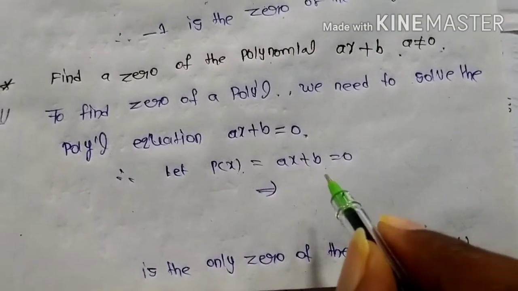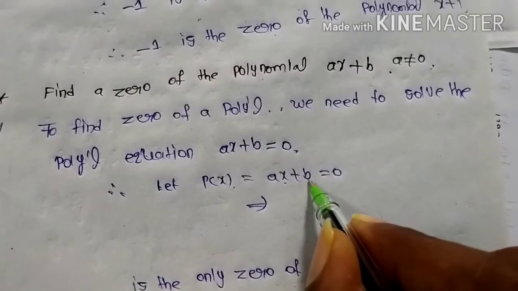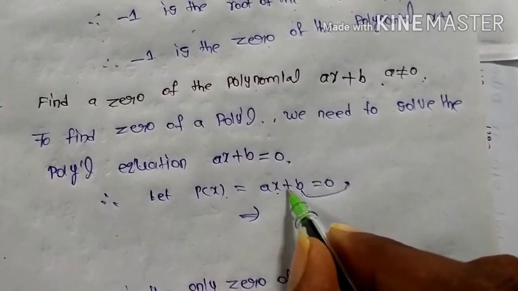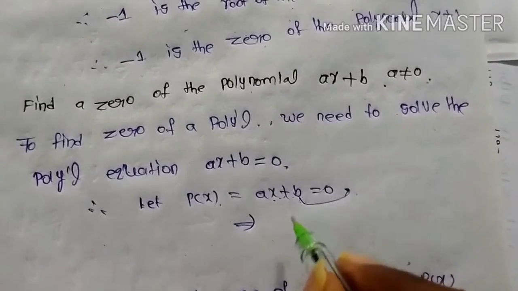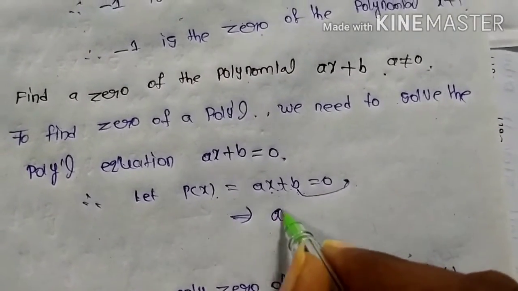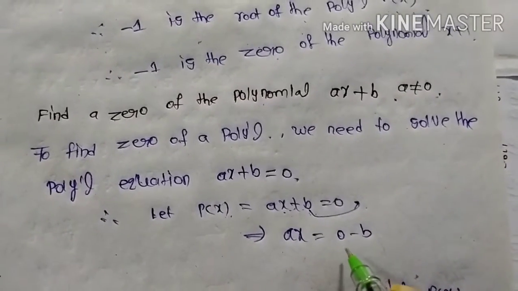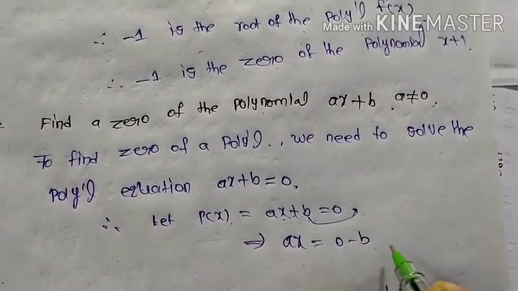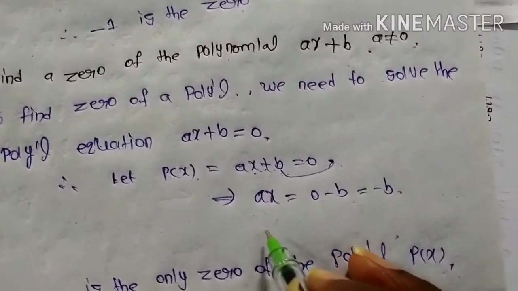Here we need to find the x value, or not? Yes. So can I transpose b to the RHS? Yes or no? Is it plus, or not? If I am transposing to the RHS, it will become minus, or not? That means it will become ax is equal to 0 minus b, or not? Yes. That means it is equal to minus b. Next step.